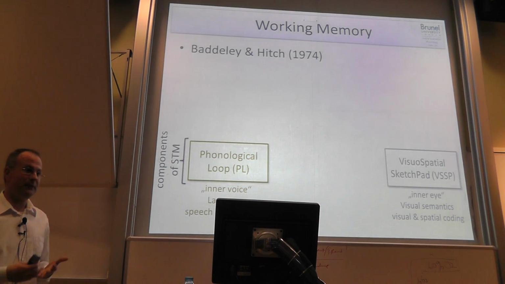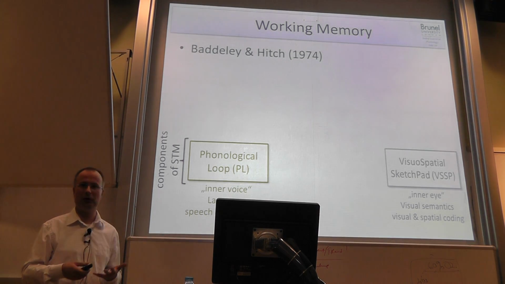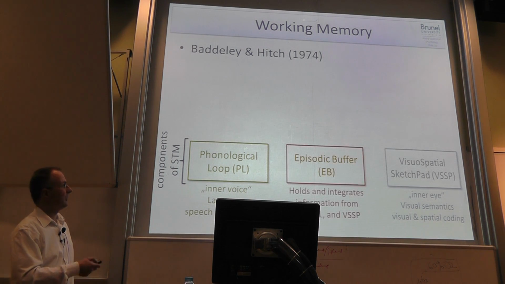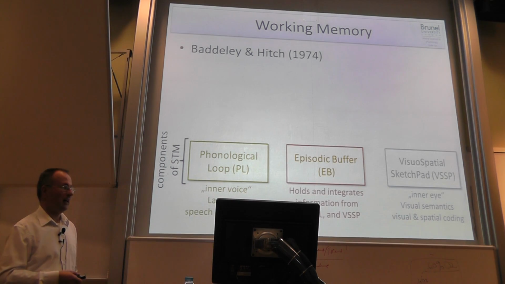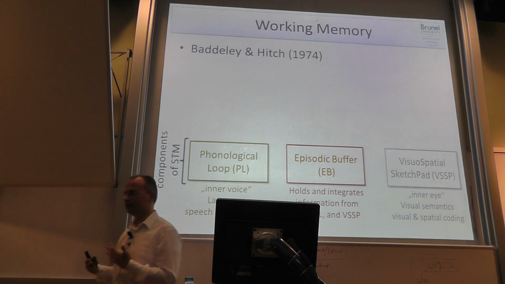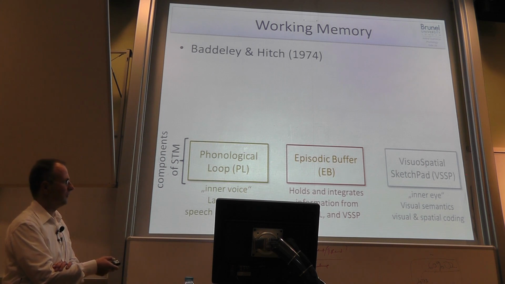And then 25 years later, in the year 2000, Baddeley proposed a third component, which is called the episodic buffer. This is thought to account for a number of findings which were difficult to explain with just these two components.